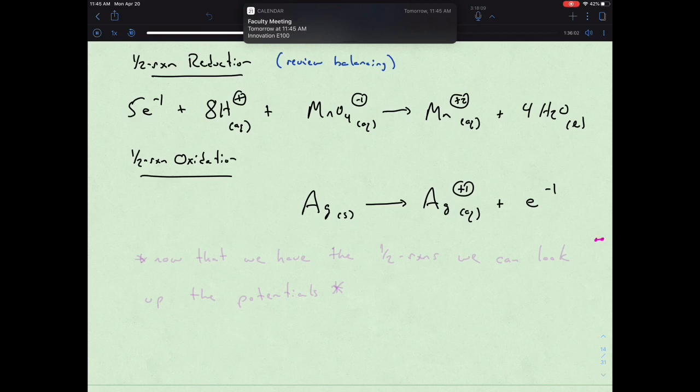Now that we got both half reactions, we can look up the values, or look up the potentials.